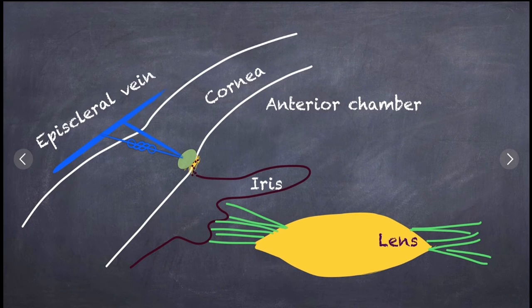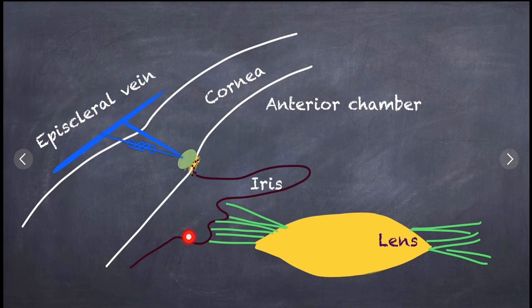Now at any given point of time, aqueous is being continuously formed. This posterior segment contains 0.06 ml of the aqueous and is in direct communication through the pupil with the anterior chamber, which contains 0.25 ml of aqueous.